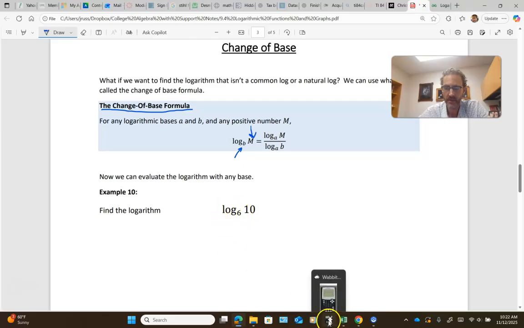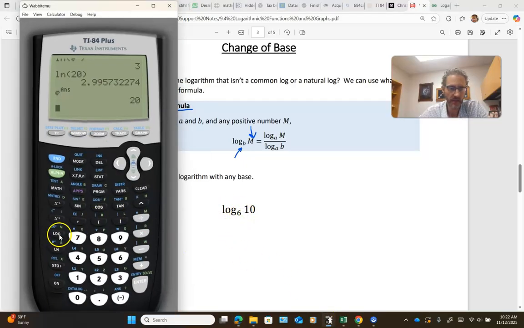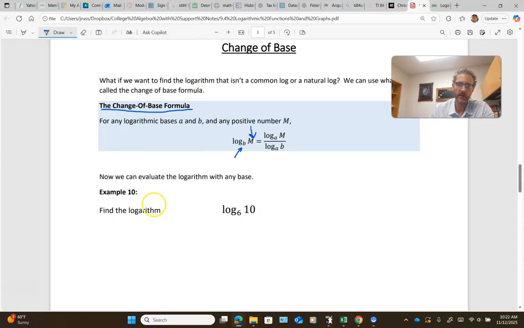Okay, because if we only had access to the common log and the natural logarithm, then how would we do one like this? Well, we use this change of base formula. Okay, so what you do is, and you can technically use any base logarithm, but like I said, the common log and the natural log are most often used. So I'll show you both ways.